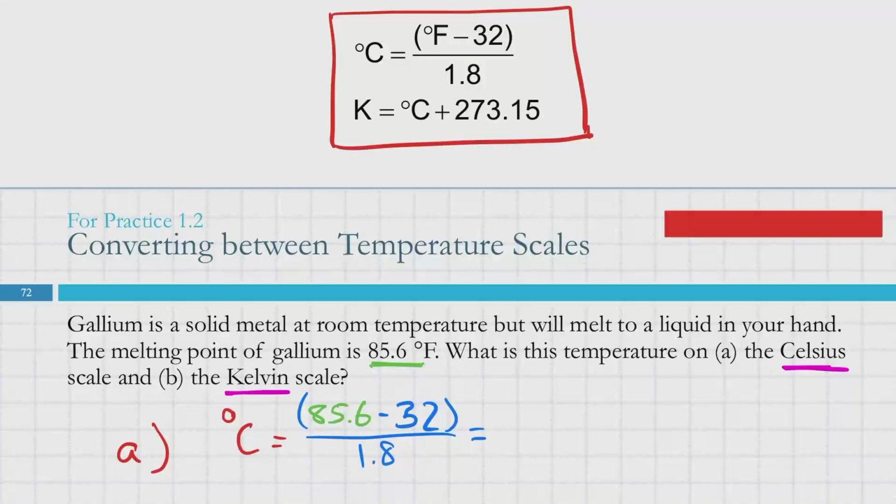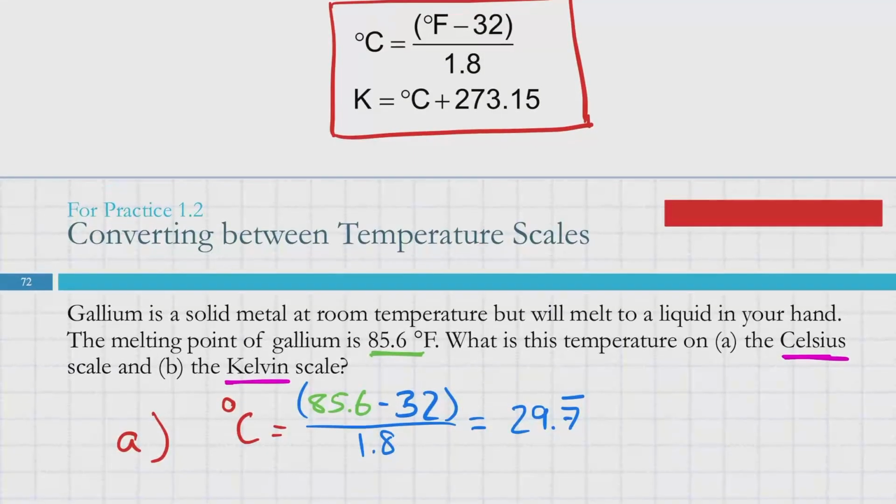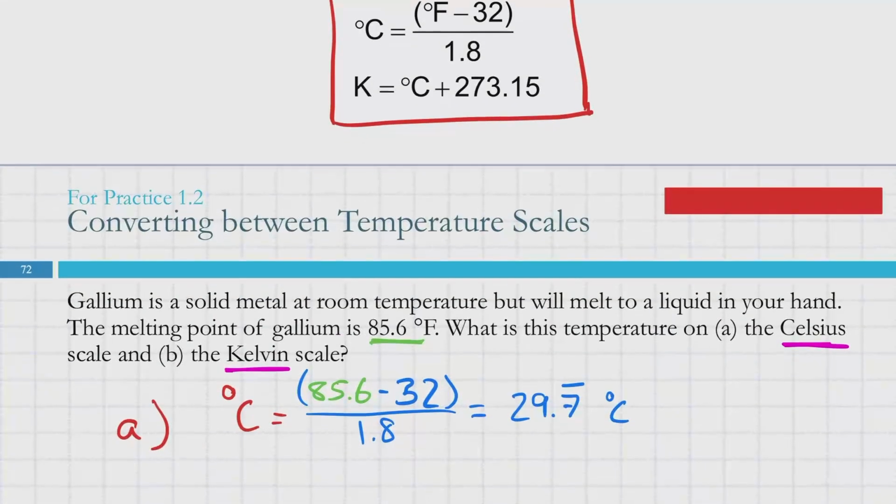And you should get out 29.7, and that 7 seems to repeat. So we put a line over it. That means that 7's repeating forever. That would be our degrees Celsius. And we'd probably round it to 1 decimal place. So it'd be maybe 29.8 degrees Celsius.